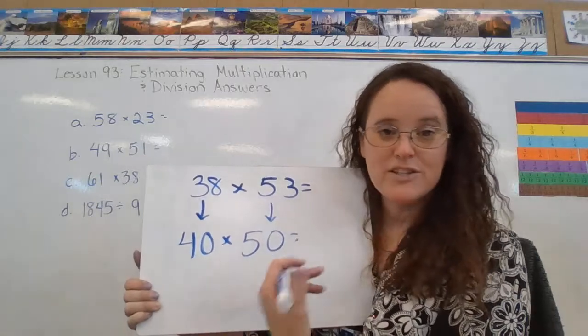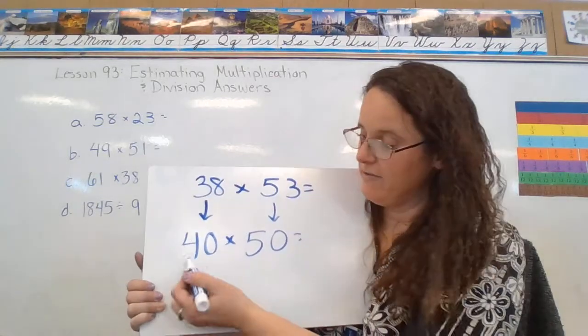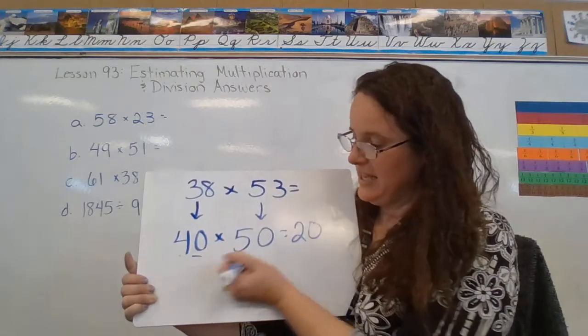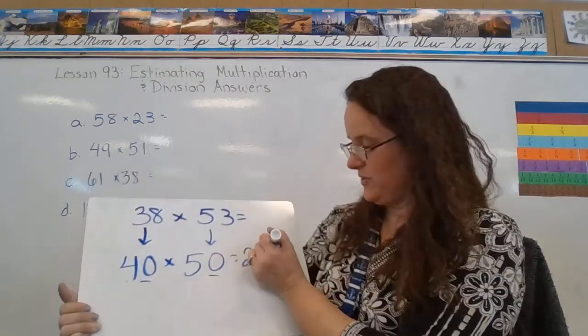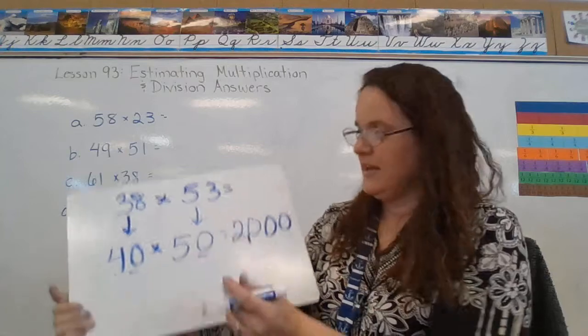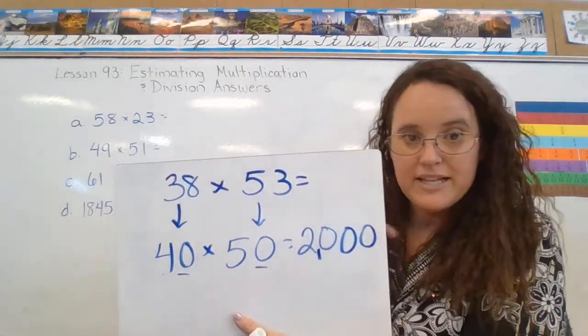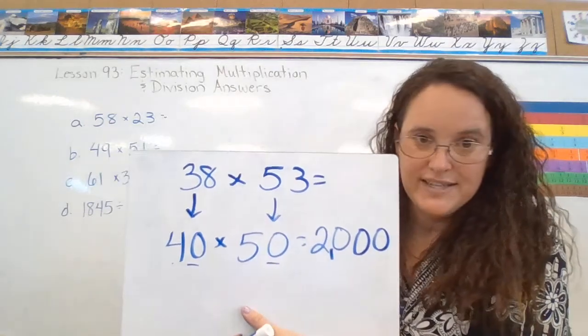So now we've made it super easy to do in our head. 4 times 5 is 20, plus I need to tack on 2 zeros. So 38 times 53 is approximately 2,000.